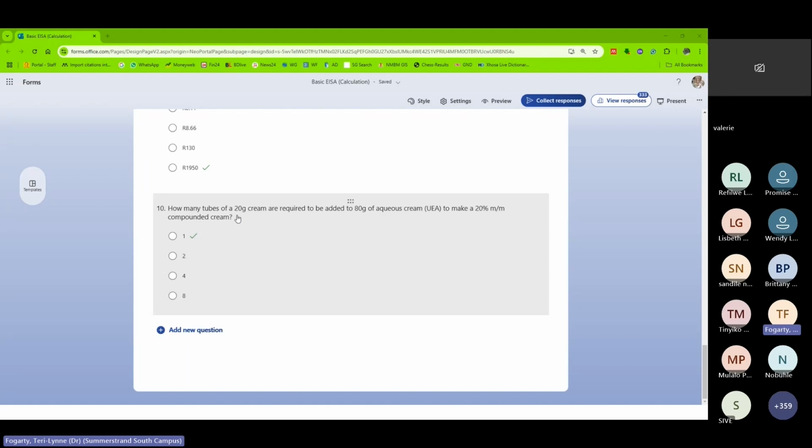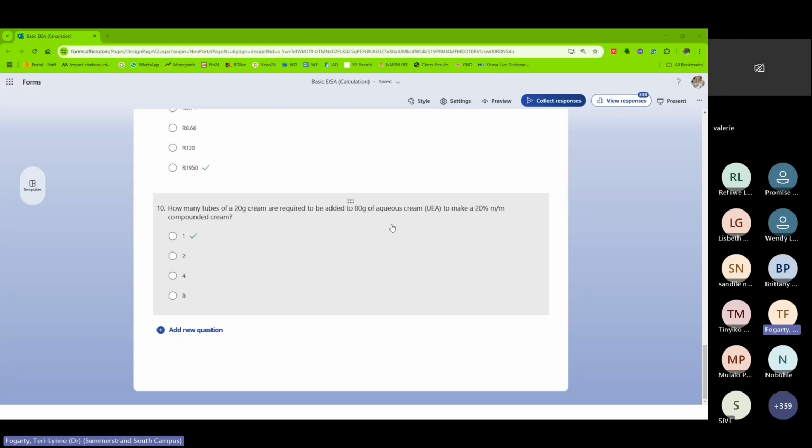So we have to assume, because all the information you've been given is 20-gram cream, that this 20-gram cream is the full active ingredient. So the 20-gram tube is the full active ingredient in your aqueous cream.